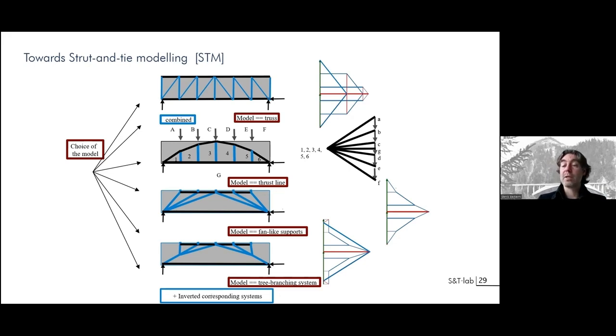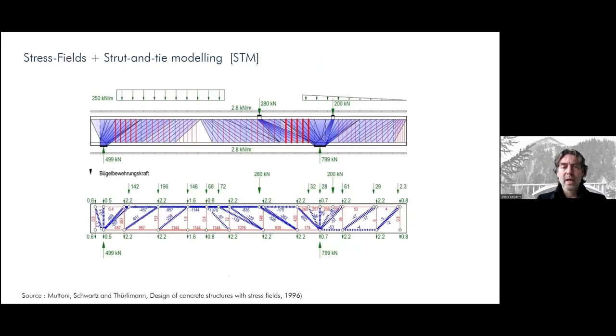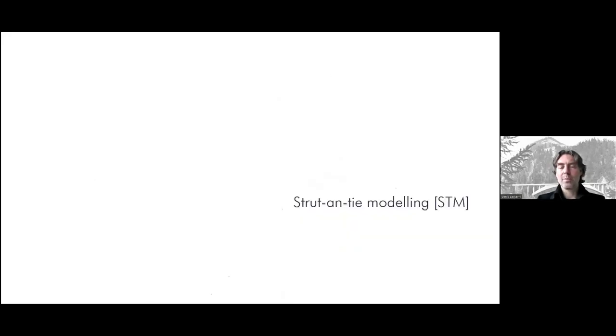That could represent a question, something that is not straightforward, but you see there are options even in modeling several problems. At the end, the objective could be using stress field and strut-and-tie modeling, as in this example that will be discussed later, after introducing what stress field and strut-and-tie modeling are.